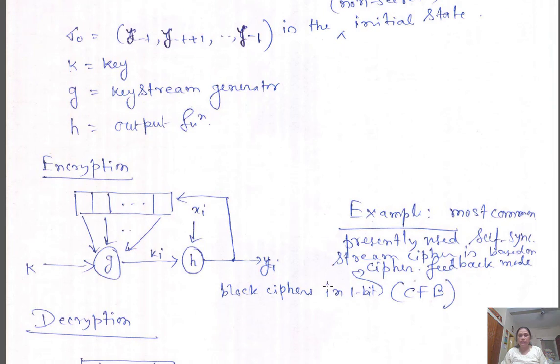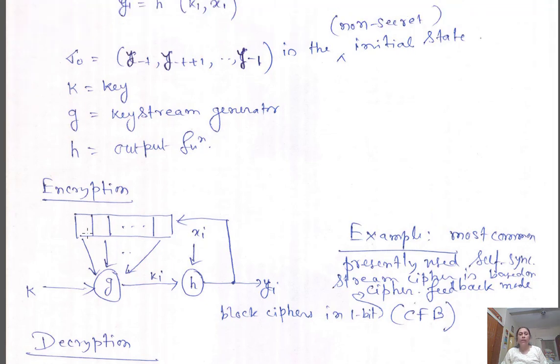So this comment is explaining that. Presently used self-synchronous stream cipher is based on CFB mode, cipher feedback mode. In CFB mode we use memory of size T, the state.